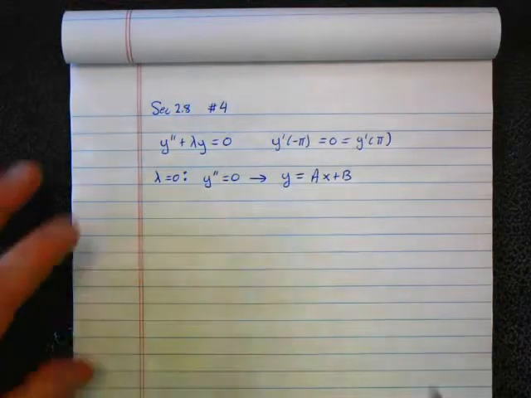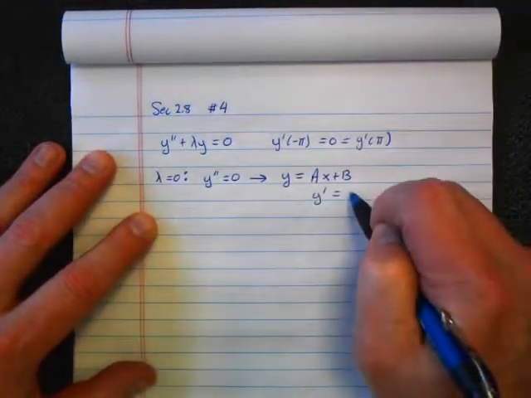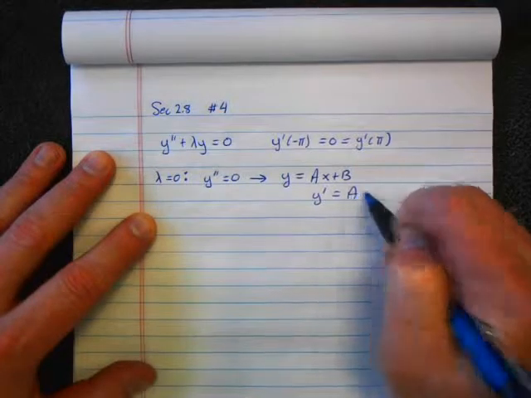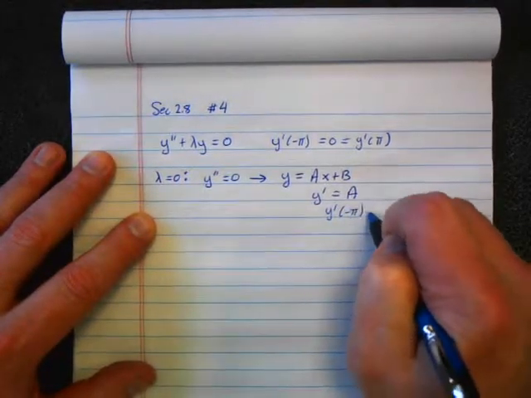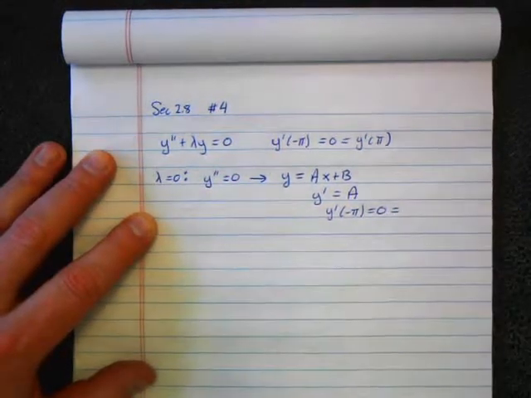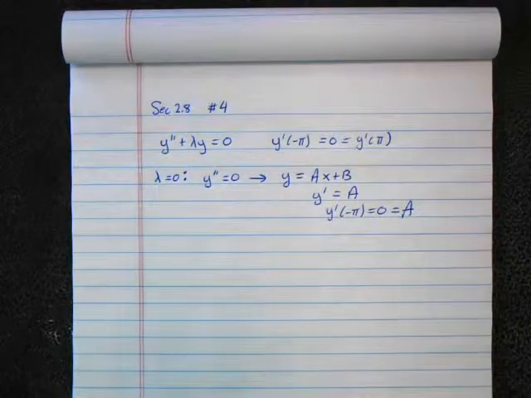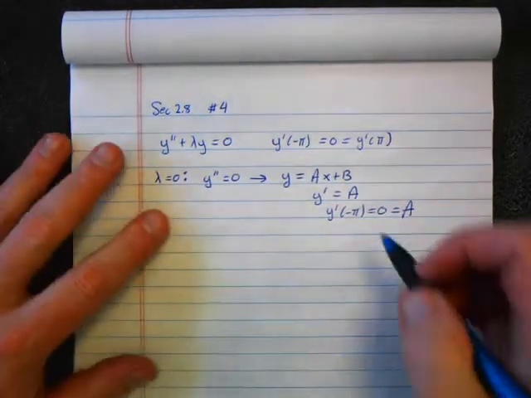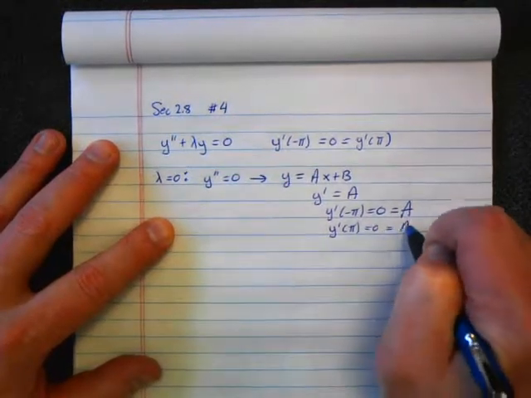Well, what has to happen? We know if we take the derivative, y prime is a. We know y prime at negative pi has to be 0, but y prime at negative pi is also just a, isn't it? Because there's no x to plug in. And by the same token, we have y prime at pi equals 0, but that's also a.